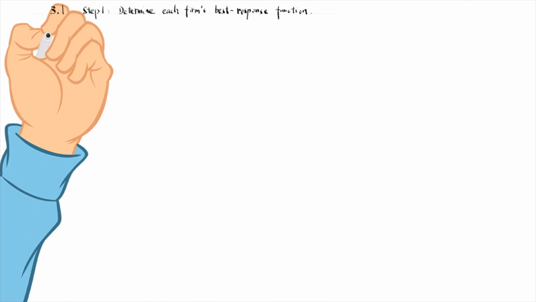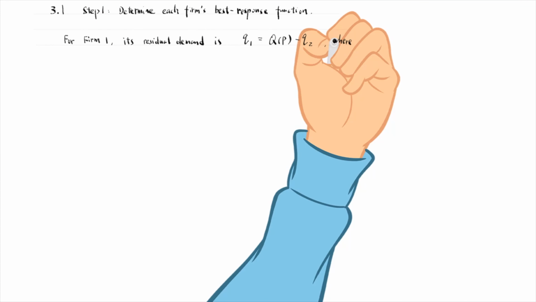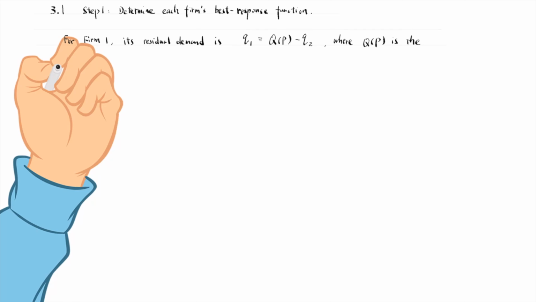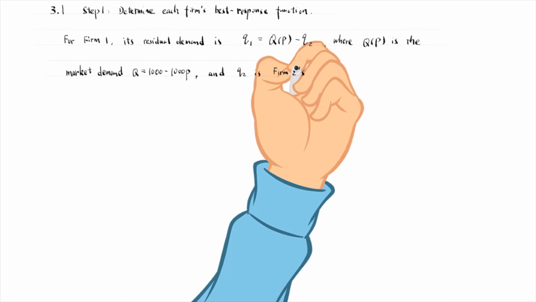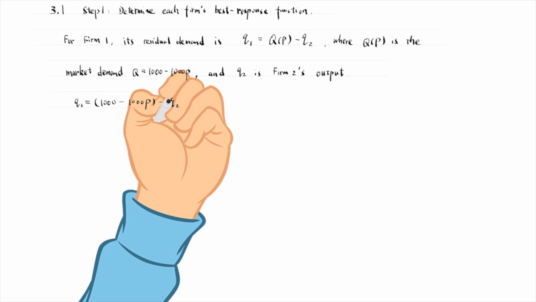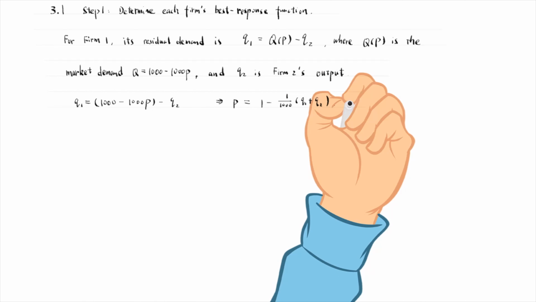For firm 1, its residual demand equals the market demand minus the amount consumers purchase from firm 2. Then we can relate the market price P to the firm's outputs, Q1 and Q2.